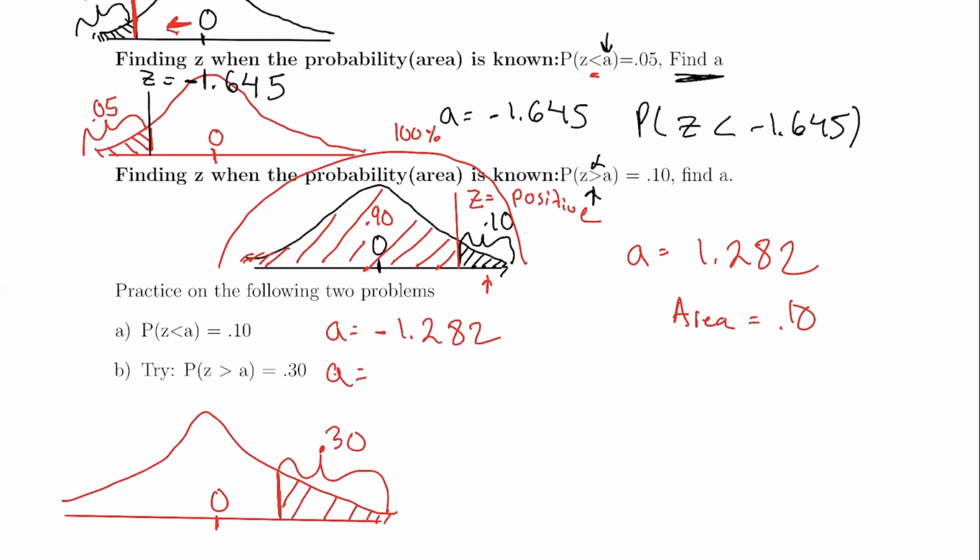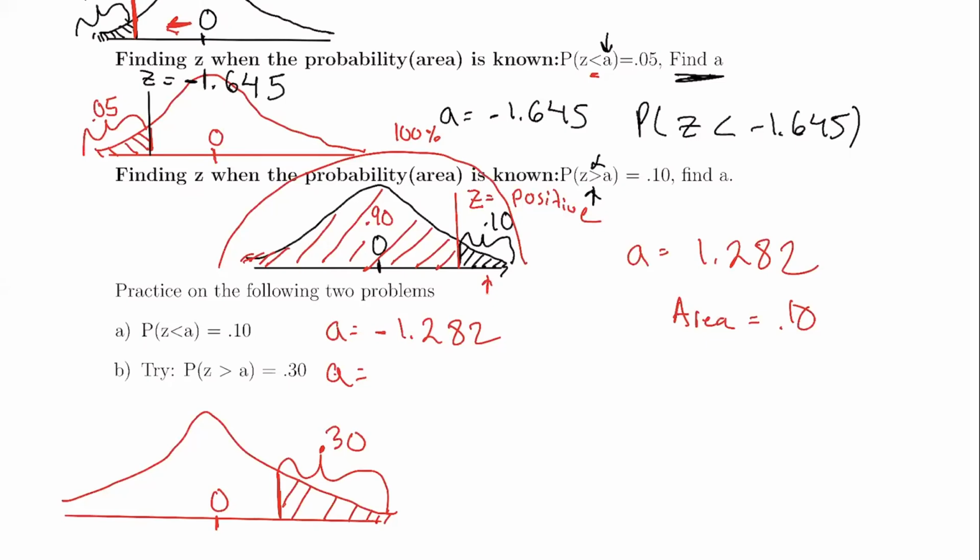Cool, good job. So for B, if you can see what I have so far, I have the standard normal distribution. The reason why I know it's the standard normal distribution is because 0 is in the middle and because we want to find the z value. If you look at it, it says greater than A, so that means you want the right tail.